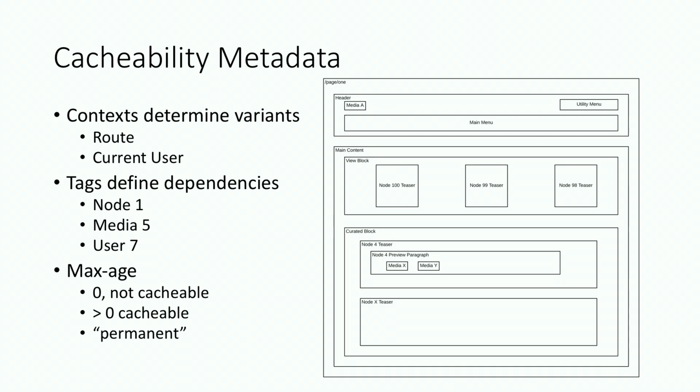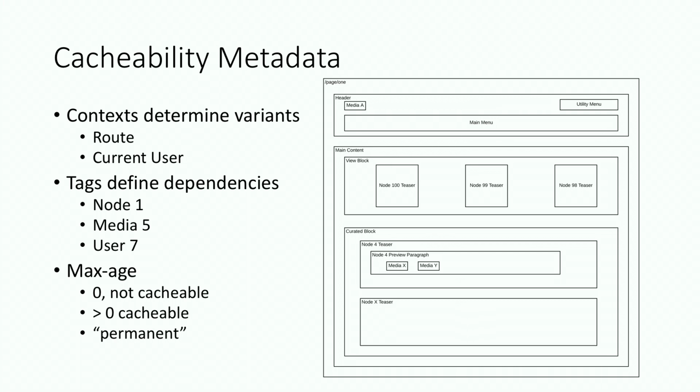And then that will bubble up to the page, which essentially means the page will also vary by route. Current user is a very common one. You would say, okay, this component is going to vary by current user. And current user is special because of some things that we'll go over in a second. It won't necessarily bubble up to the page because of some features we'll talk about in a second.